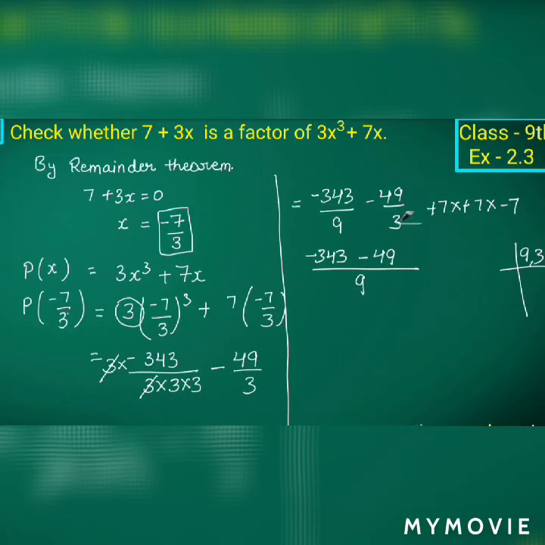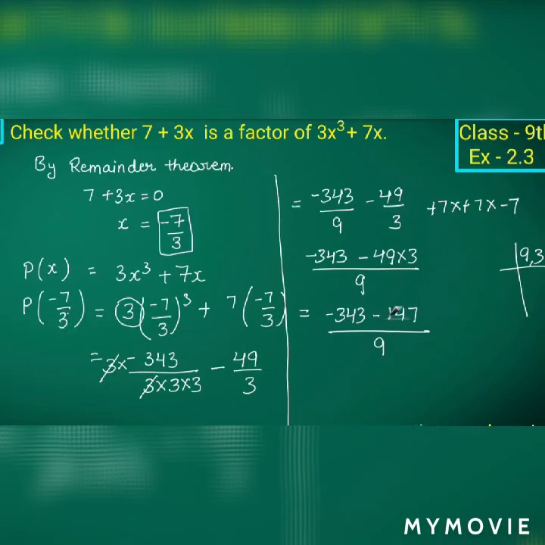The only thing is for minus 49 by 3 we have to multiply 3 in the numerator. So minus 343 minus 147 by 9.